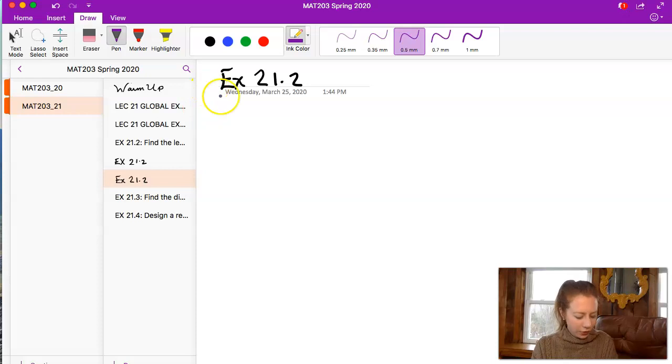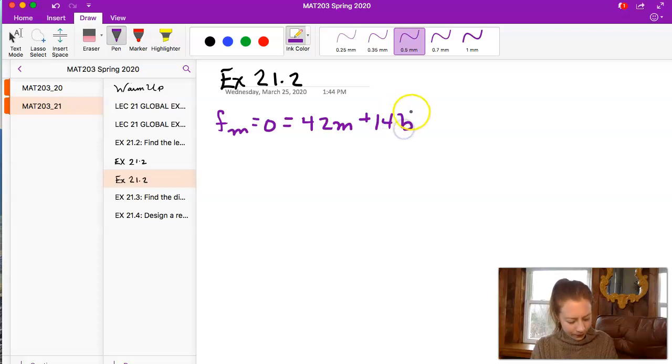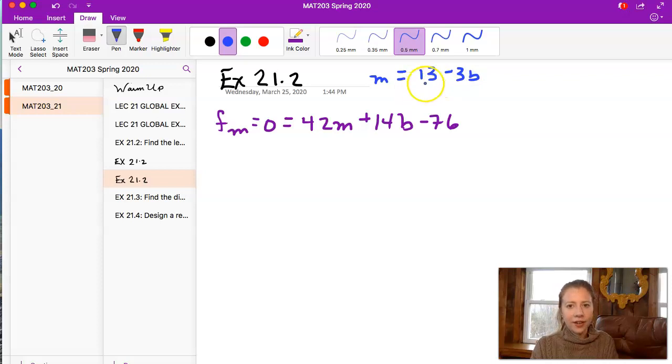So using fm is equal to 0 is equal to 42m plus 14b minus 76. And remember, for m, we found that it was going to be equal to 13 minus 3b over 7. Okay, let's keep going.